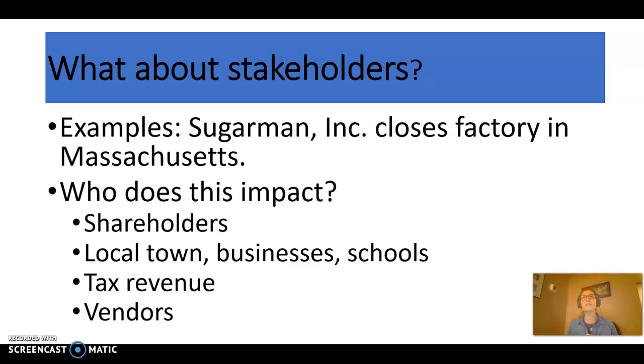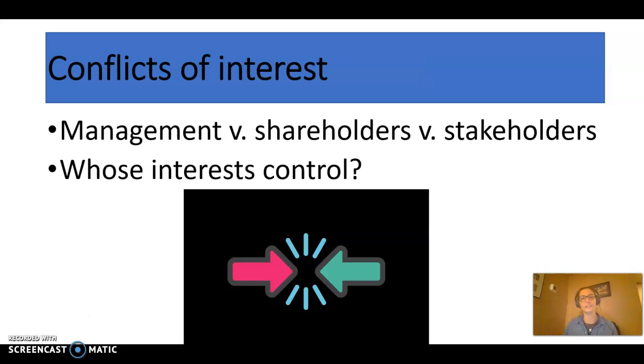So that's something really important to keep in mind when we think about the structure of the corporation and how we've separated the decision-making part into the officers and directors from the shareholder part. We can't lose sight that as the officers and directors are making decisions, it's the shareholders, yes, but also these other entities.